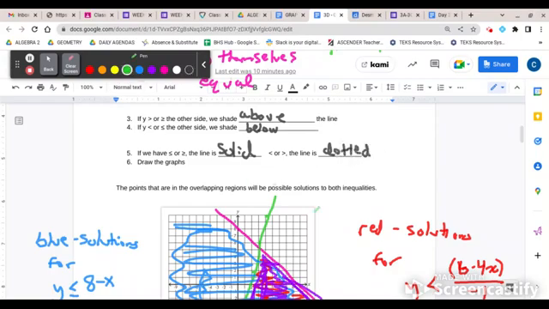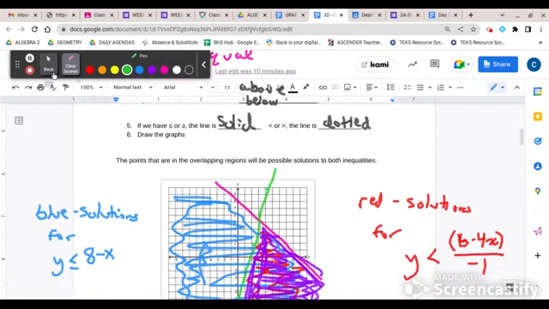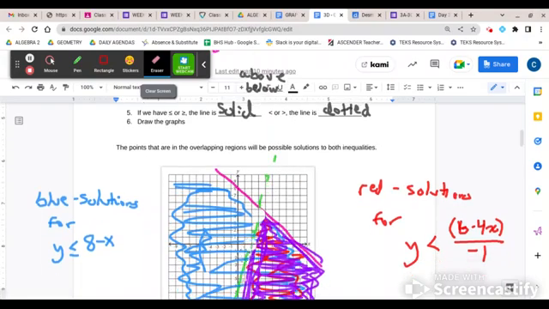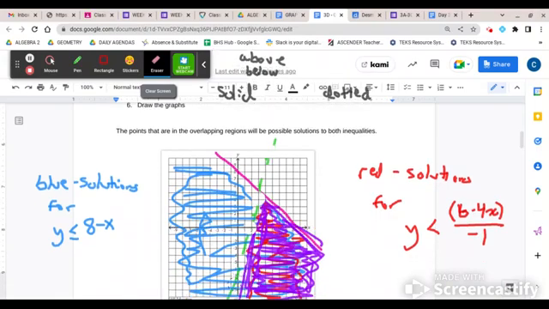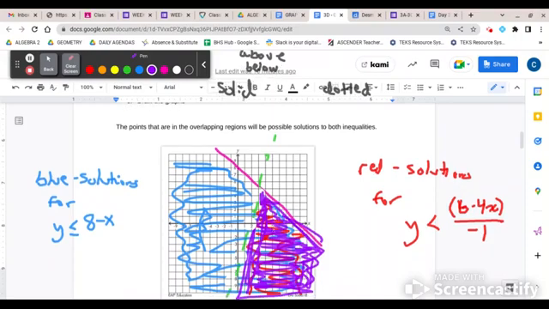So this green line should have been dotted. We probably learned that in Algebra 1. I wanted us to see the picture before we talked about the dotted line versus the solid line. So any point in this region right here is going to be a possible solution.